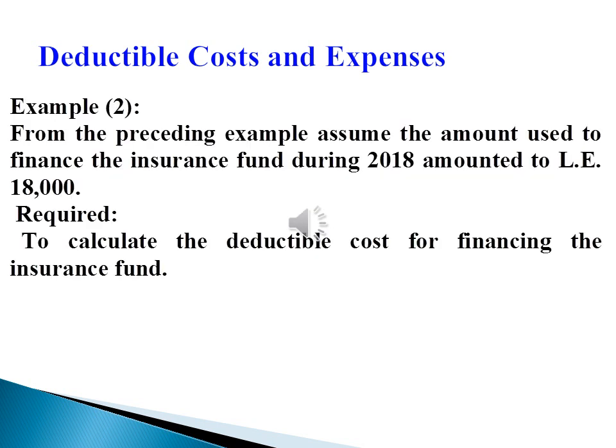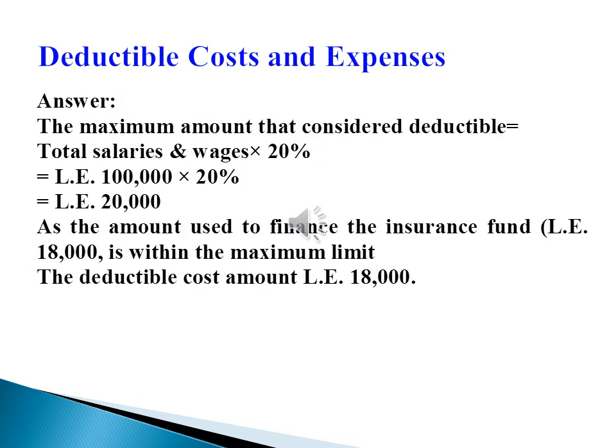Example 2. From the preceding example, assume the amount used to finance the insurance fund during year 2018 amounted to 18,000 livres Egyptian, required to calculate the deductible cost for financing the insurance fund. Answer. The maximum amount that is considered deductible equals total salaries and wages times 20%.